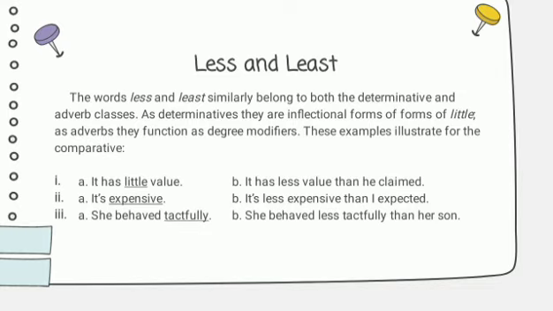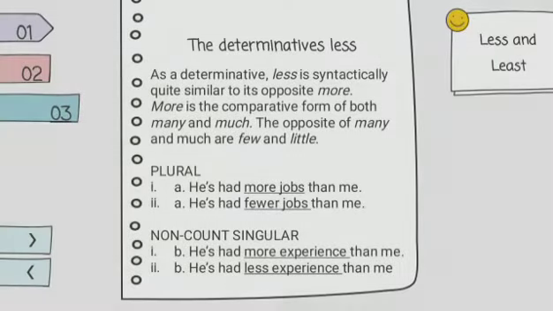Here, in the first example B, the determinative less has the same function, determiner, as little in the first A example. In the second and the third example B, the degree adverb less is added as a modifier to an adjective or adverb. The determinative less.